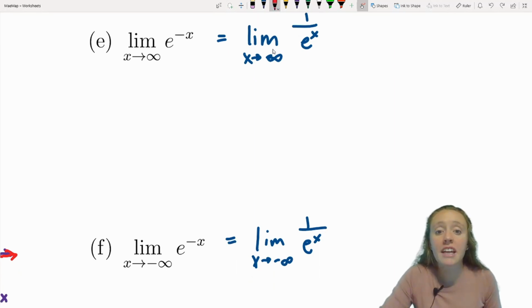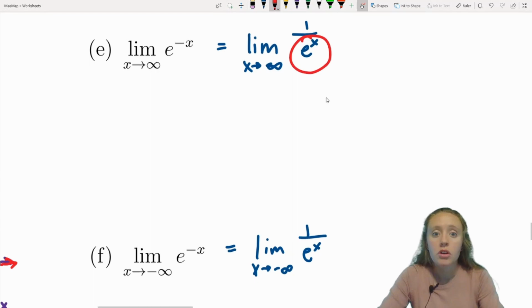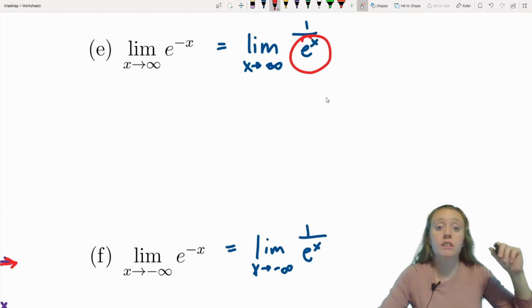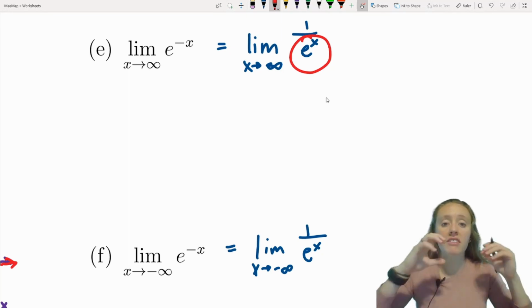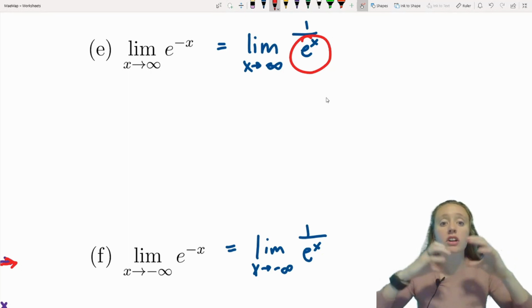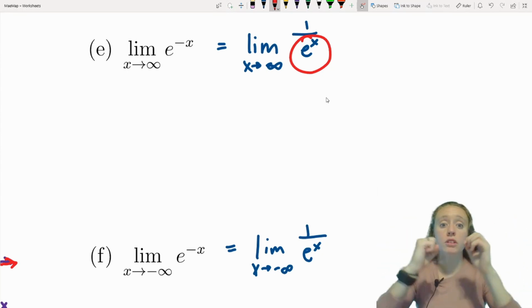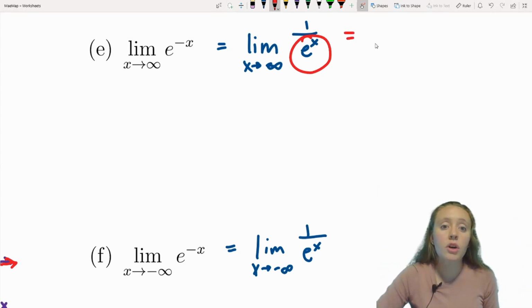So let's think about taking the limit of 1 over e to the x as x goes towards infinity. Well, what happens to e to the x as x goes towards infinity? Remember, e to the x as x goes towards infinity also goes towards infinity. So a fraction where we have a constant over a number that's getting larger and larger and larger, that overall fraction gets smaller and smaller and smaller. So this goes towards 0.